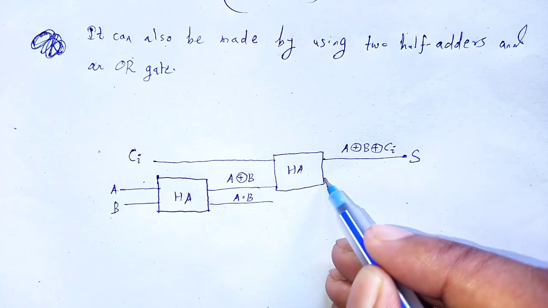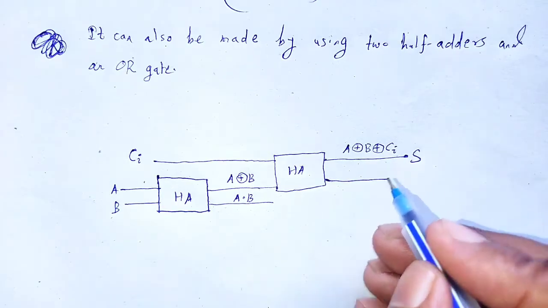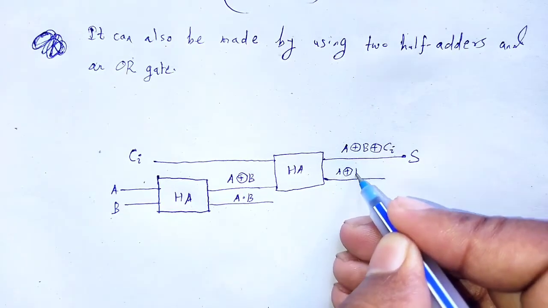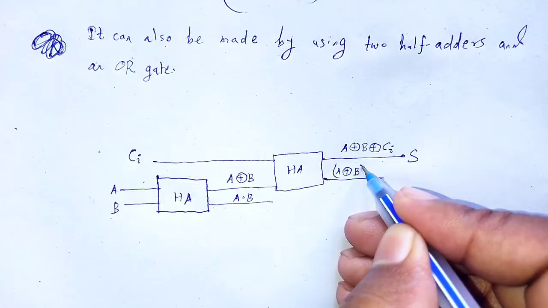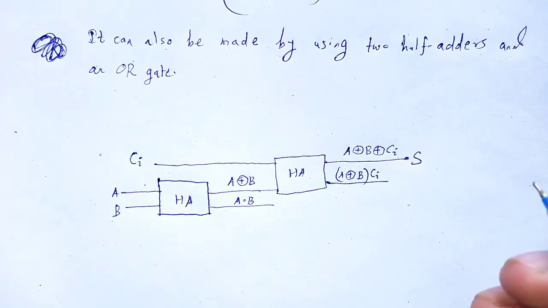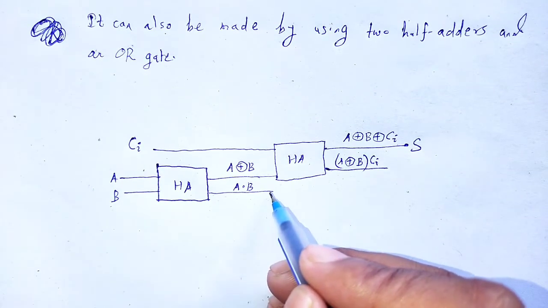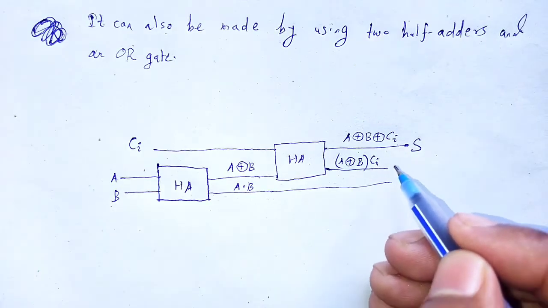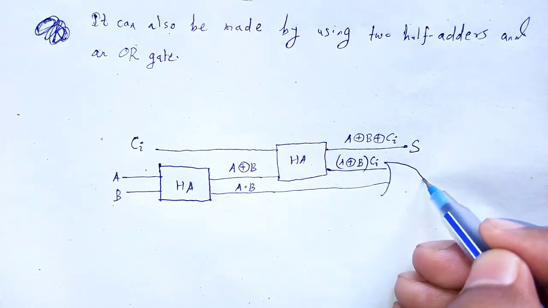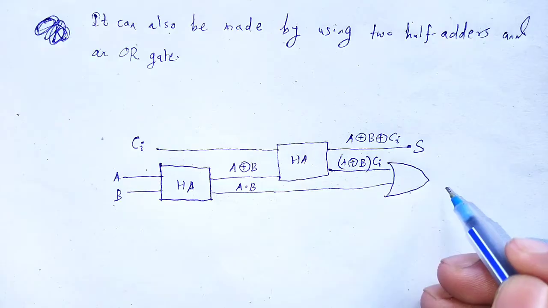Next we obtain A XOR B and Ci, and A and B. These two are the inputs towards an OR gate.